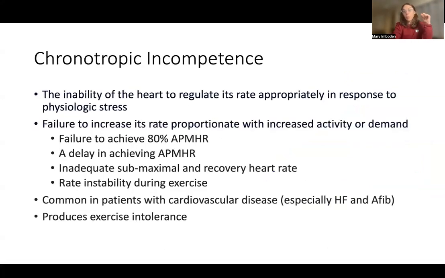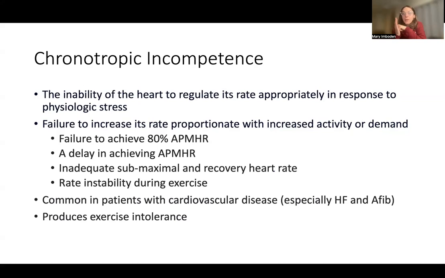And chronotropic incompetence is the inability of the heart to regulate its rate appropriately in response to stress. And so what we see with these individuals is that there's a failure to increase rate proportionate to the increased activity or demand.